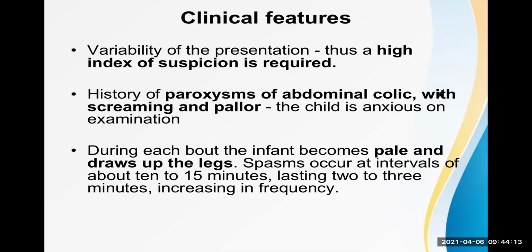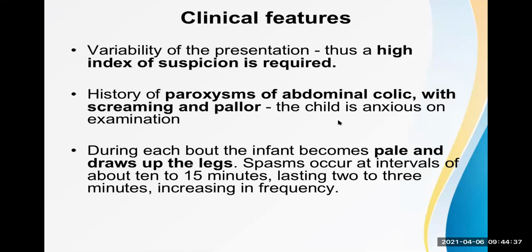So how do they present? They present with severe pain in the abdomen, and because of that, they cry a lot. This is an intermittent type of pain because it occurs as a result of intestinal obstruction, and because of this pain, the kid screams and looks quite pale during that time.